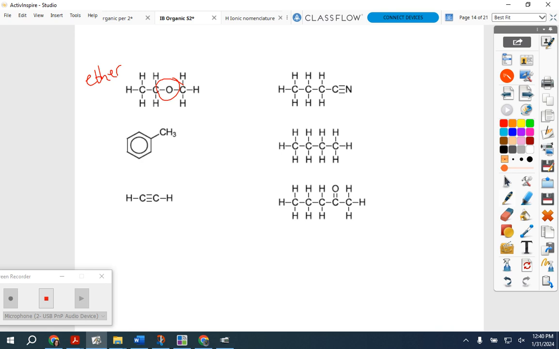Does that nitrogen have things coming off of it other than the carbon? If it doesn't, then that's a nitrile. Yep. You're right. This is tricky, guys. This is why I was suggesting flashcards, or at least online flashcards, because it takes some practice getting to recognize these different things.